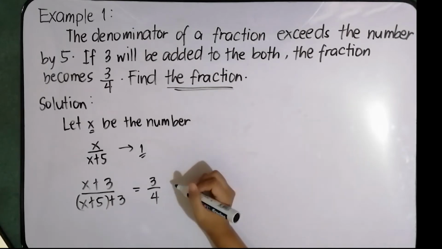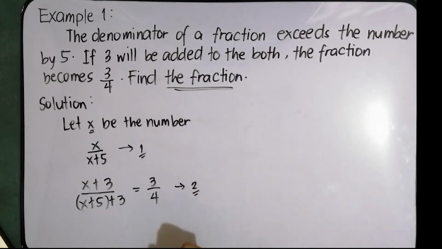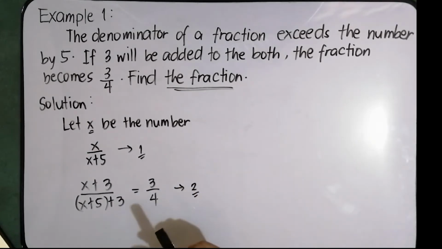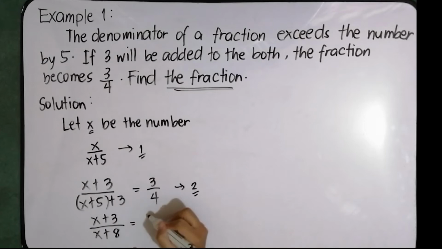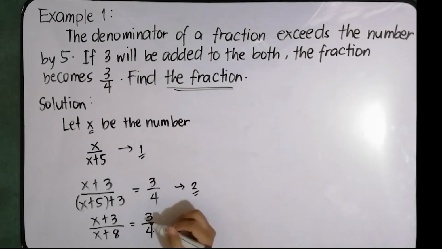This will be our second equation. Now, let us simplify x plus 3 over x plus 5 plus 3. So we have x plus 3 over x plus 8, equals 3/4.